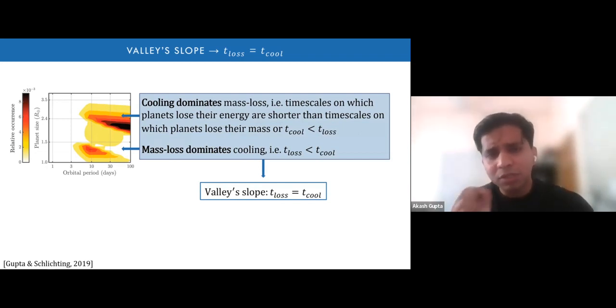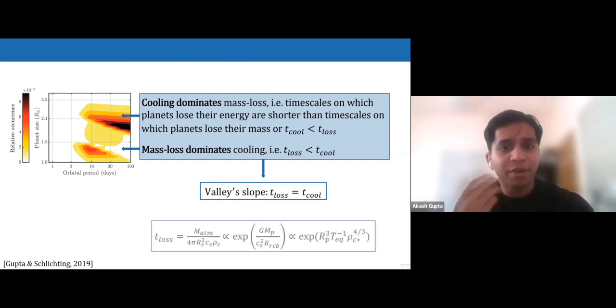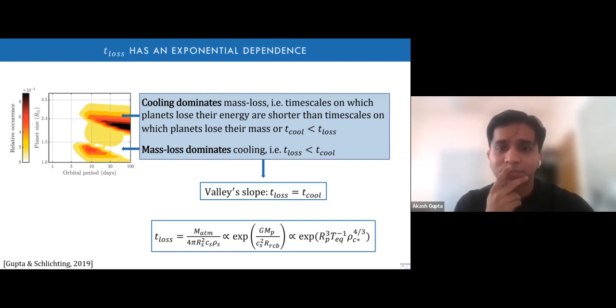Things become even simpler when we realize that the mass loss timescale has an exponential dependence on certain parameters, whereas the cooling timescale does not.